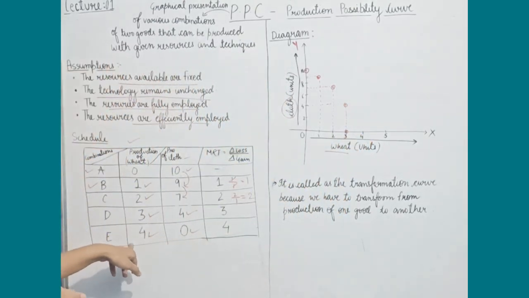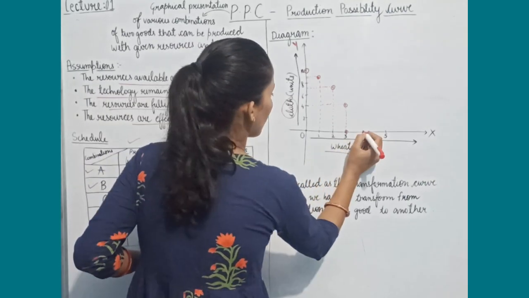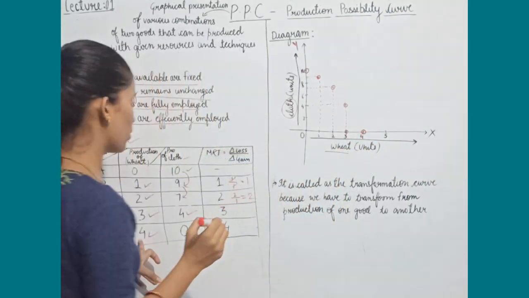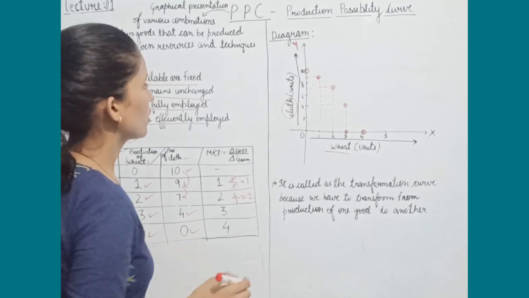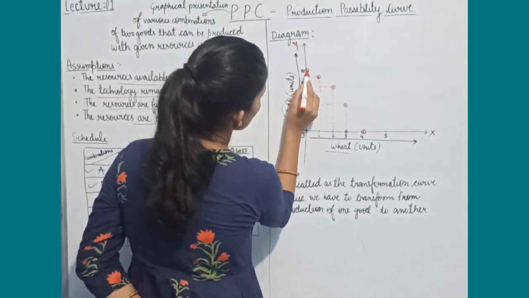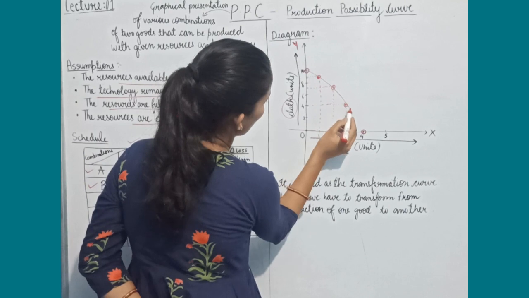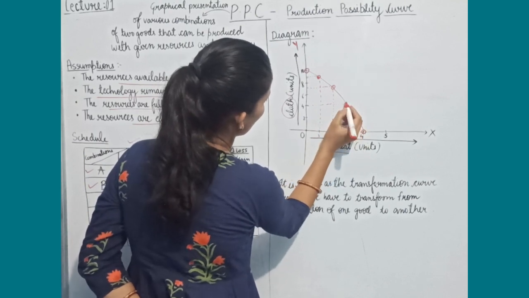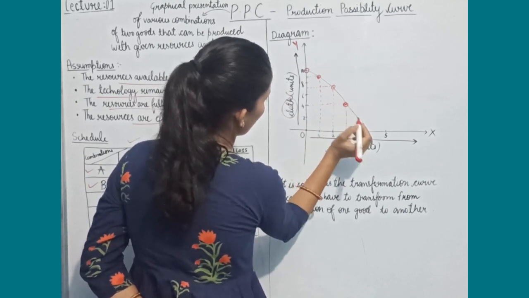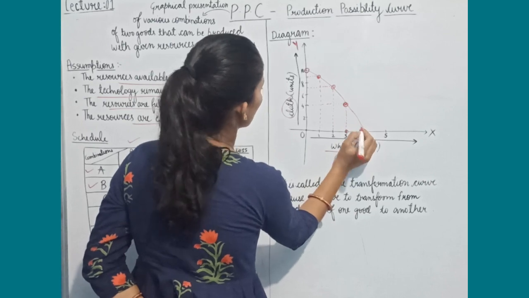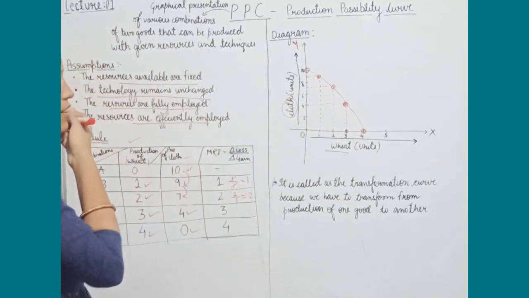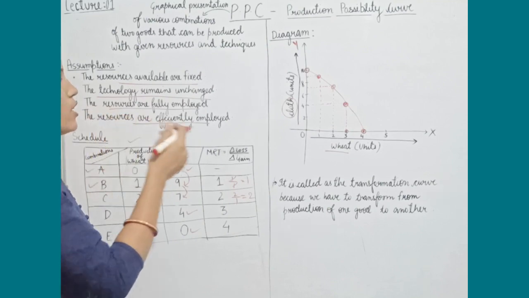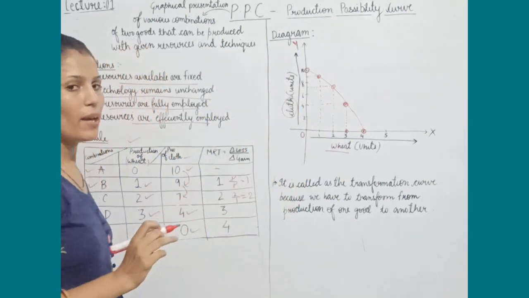Now the last combination is 4 of wheat and 0, which means you are having 0 production of cloth. Now I will join all those points. If you draw it on graph paper, you will get the exact same shape. Clear? So you have to draw it on graph paper. This is a concave shape, I guess.